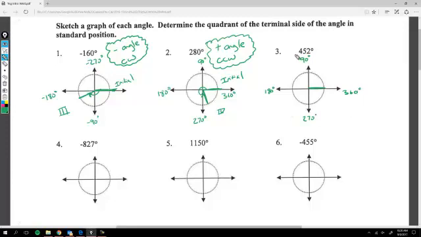But that's not enough because my angle is 452. So I have to keep going, and I'm just going to keep adding increments of 90. If I go straight up again, that's 90 degrees more than 360, so that's going to be 450 degrees. And then if I go again, that's going to be 540 degrees. I see that 452 is in between 450 and 540. It's going to be over here somewhere.